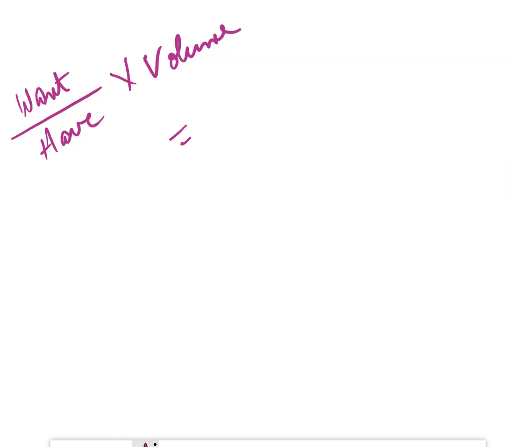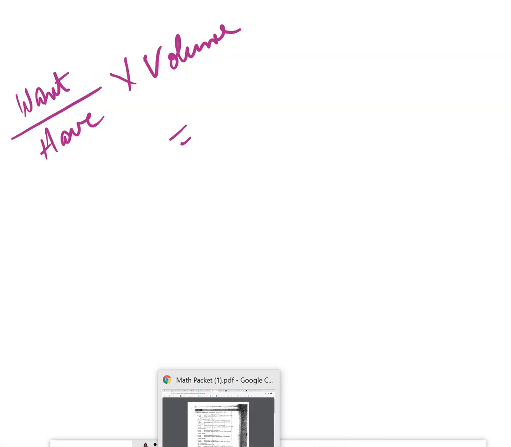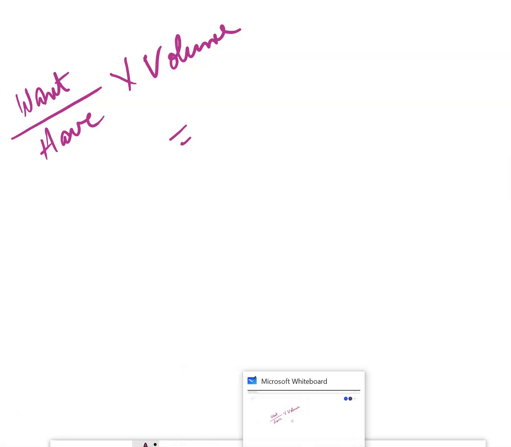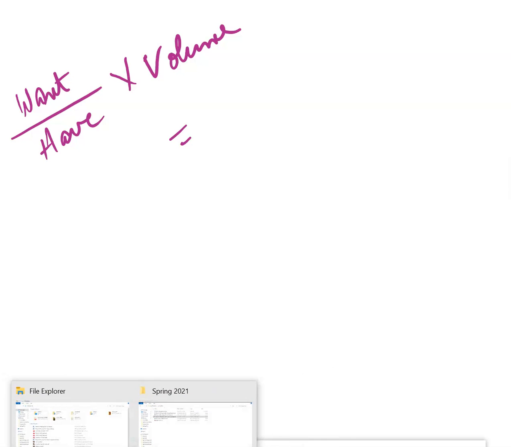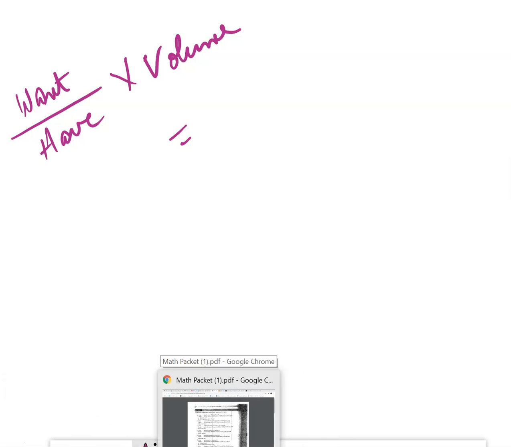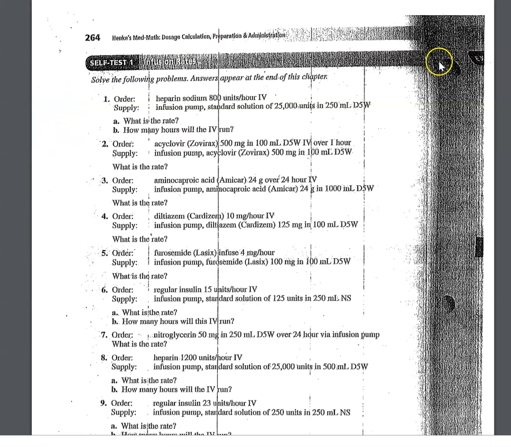So the first example, let's see if I can find it. Oh, here we go. The first question on page 264 is asking about heparin sodium of 800 units per hour IV in the infusion pump.